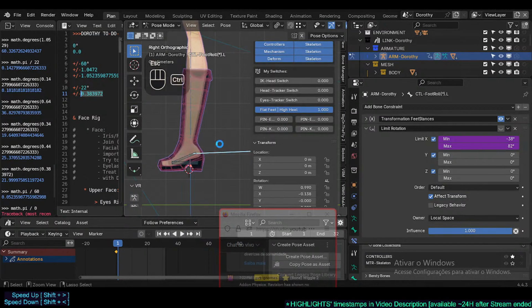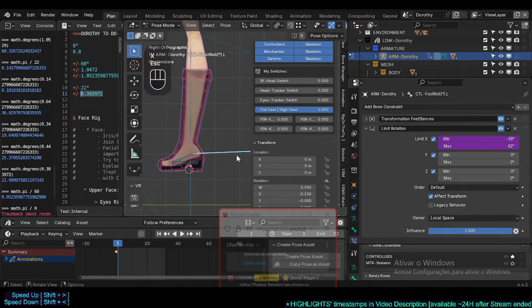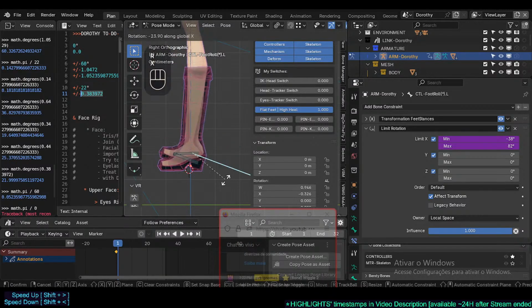But then I need to set, I think I can do something about this. Yeah, probably something here is wrong. Oh yeah, is this the minimum? Let's see.